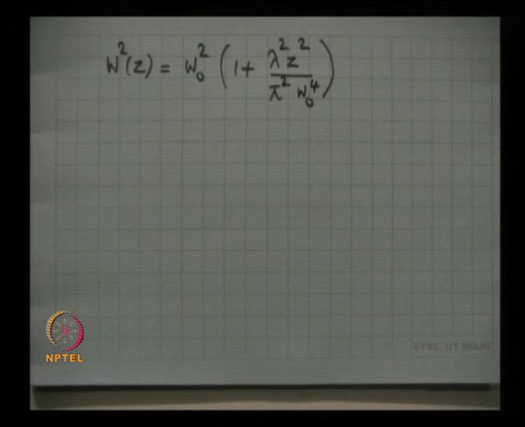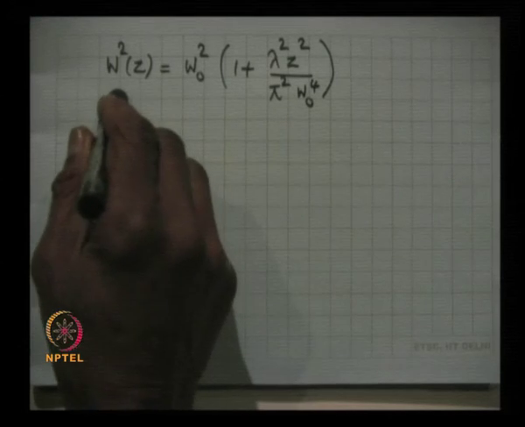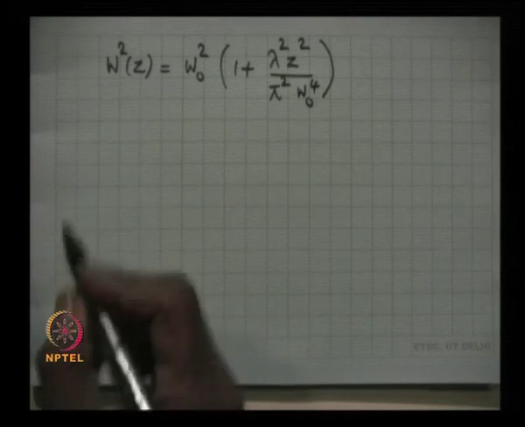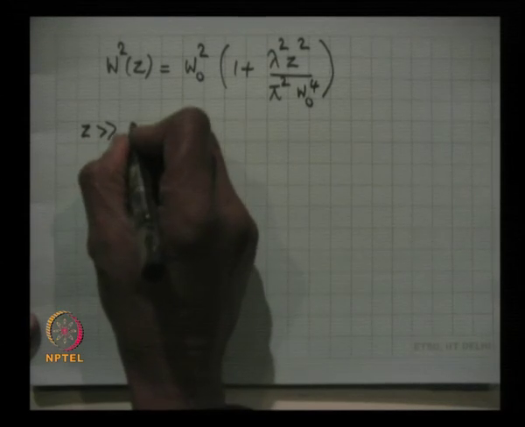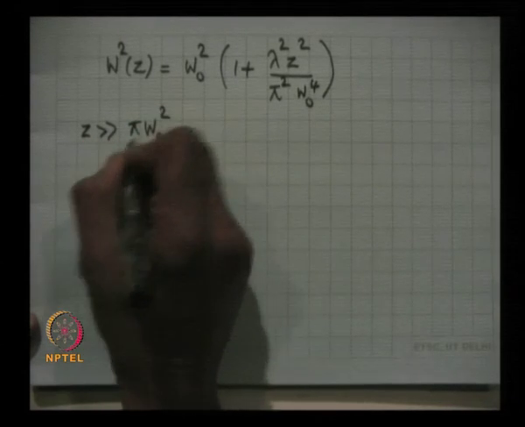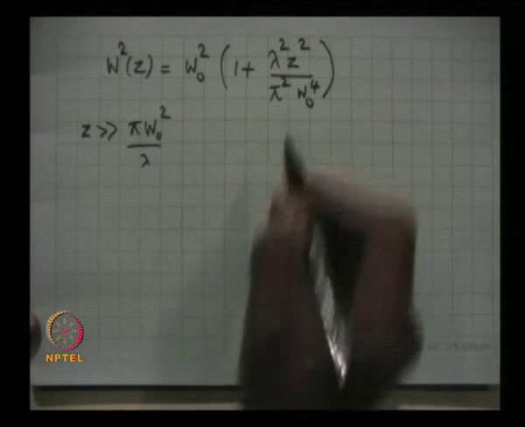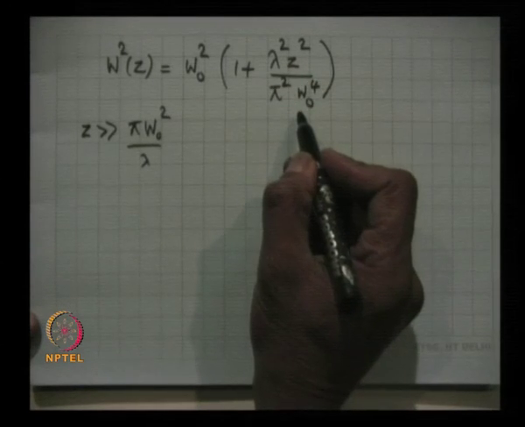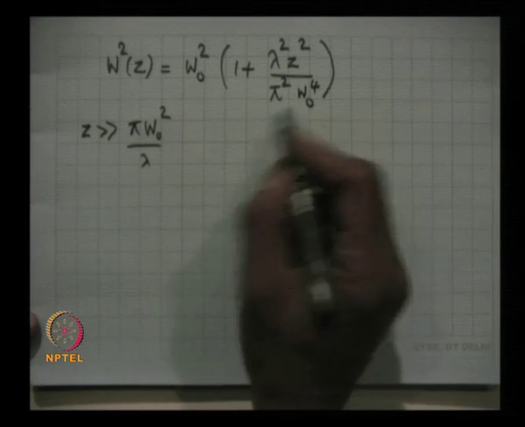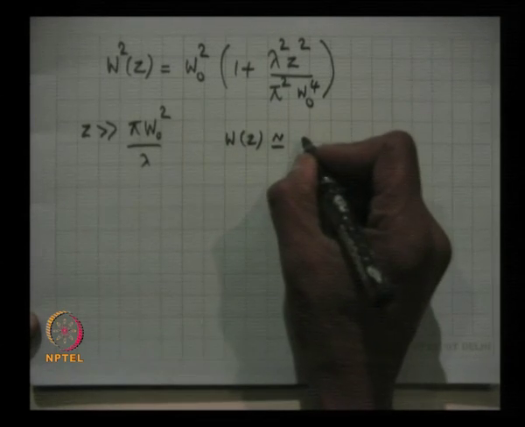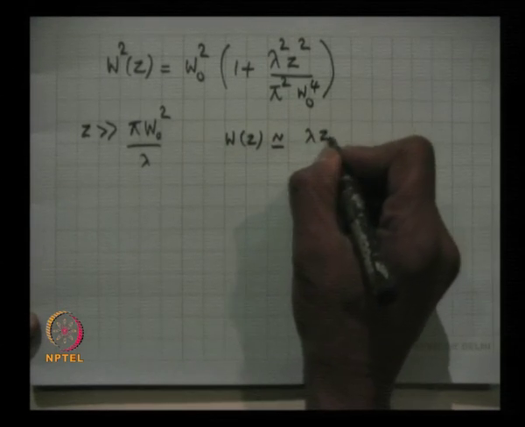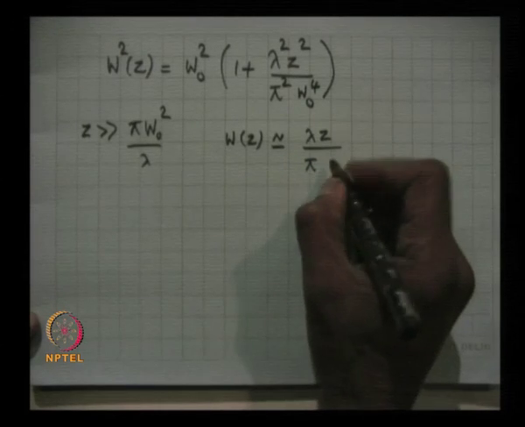Lambda is the wavelength of light in the medium in which the beam is propagating, and z is the distance at which you are measuring the spot size. For large z, for z much greater than pi w0 square by lambda, the second quantity in the bracket becomes much more than 1, and w of z can be approximated as lambda z by pi w0.